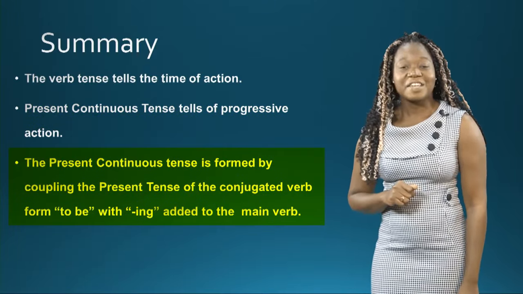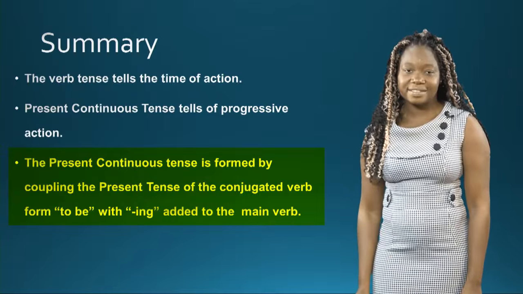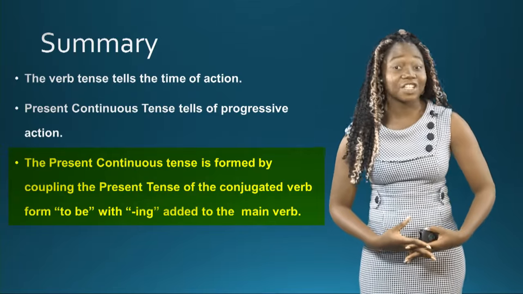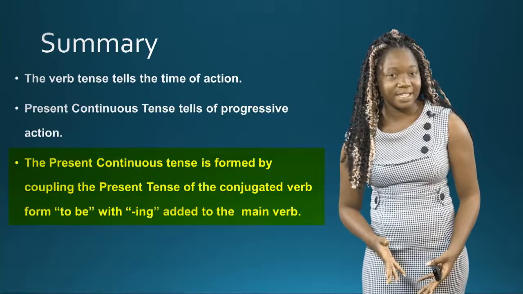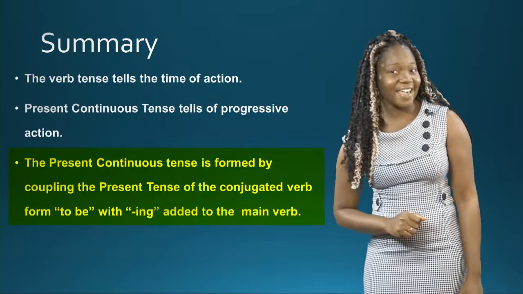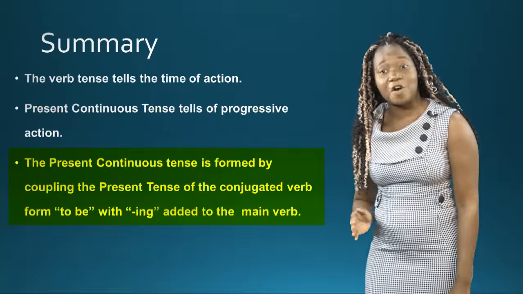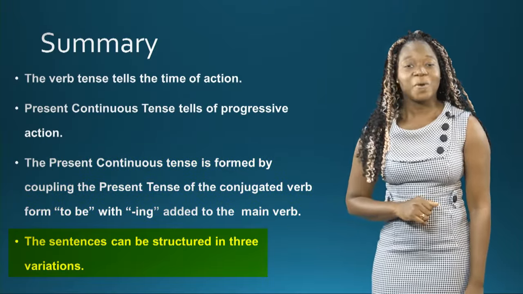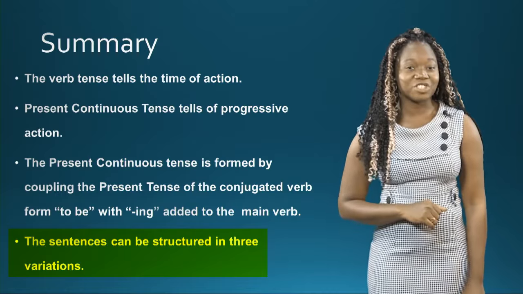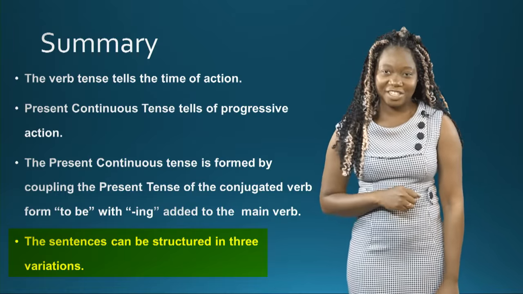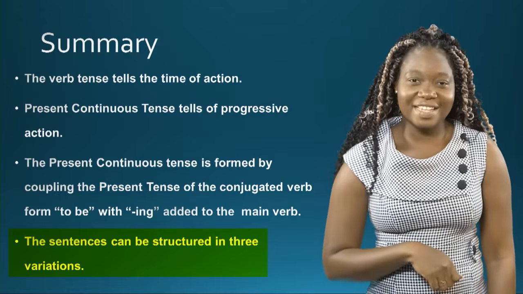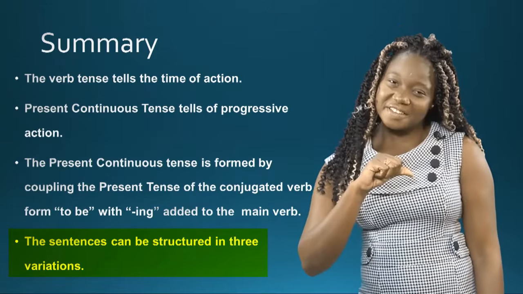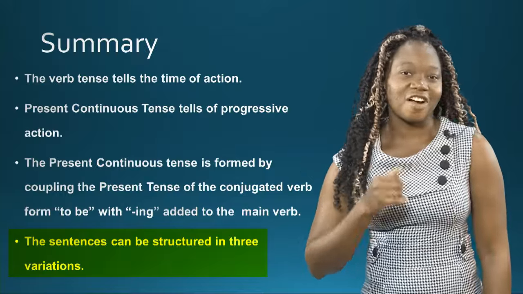We also said the present continuous tense is formed by coupling the present tense in the conjugated form of to be, adding ing to the main form of the verb. And lastly, we learned that sentences can be structured in 3 variations. Those variations are positive, negative, and interrogative.